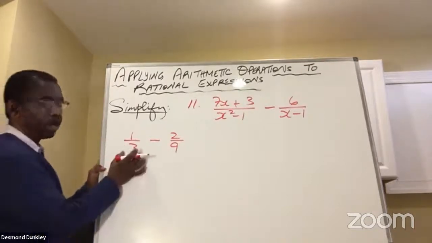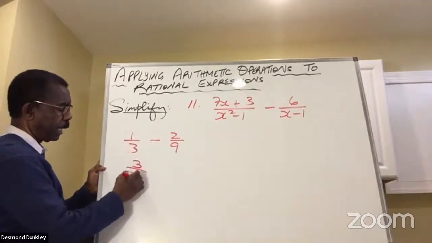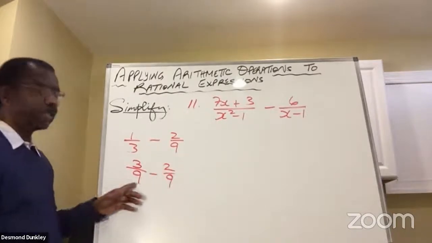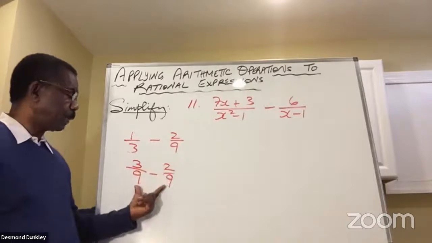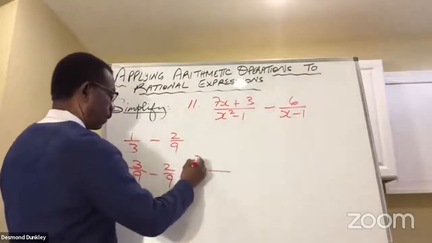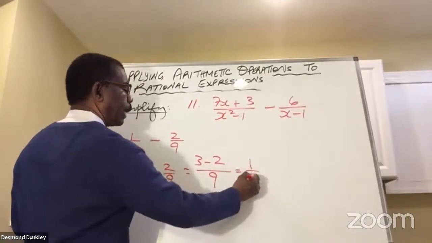But if I multiply the bottom by 3, I have to multiply the top by 3. So this becomes 3 over 9 minus 2 over 9. Now that I have the same denominator, I can do the subtraction. Put them together as one fraction. We end up with 3 minus 2 over 9, equal to 1/9.